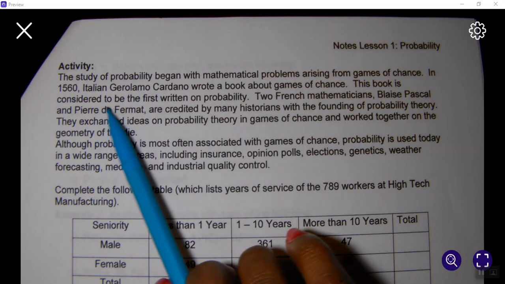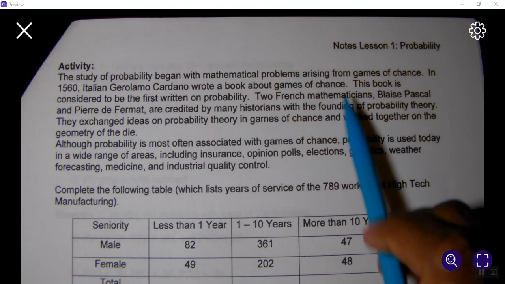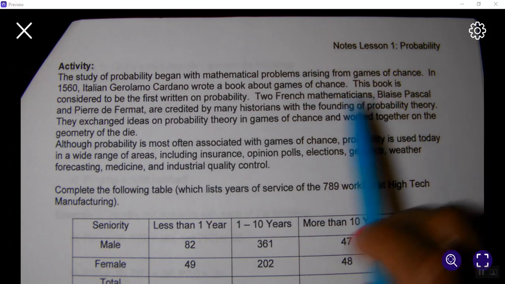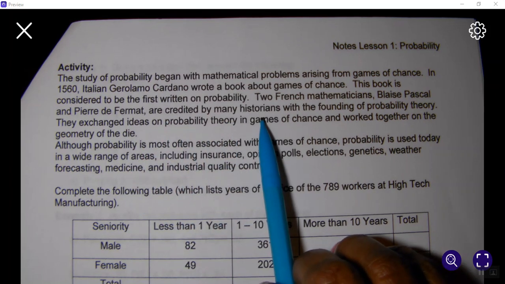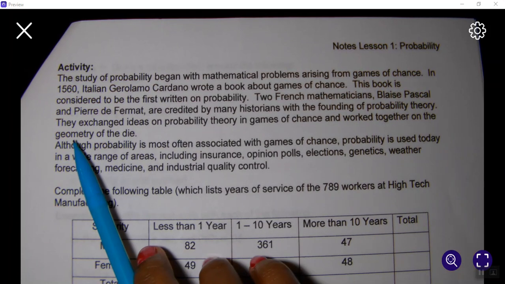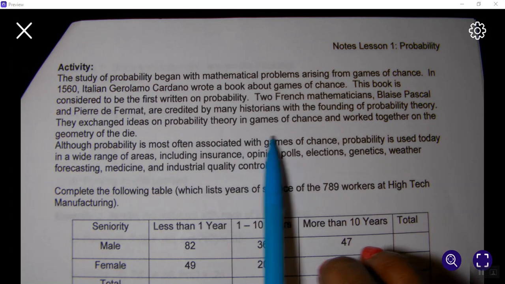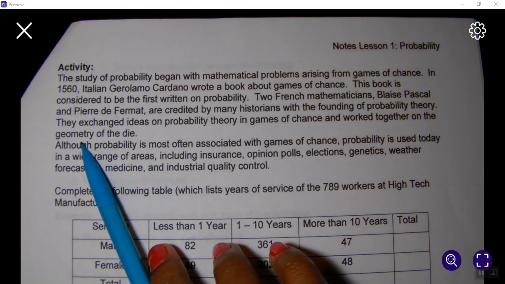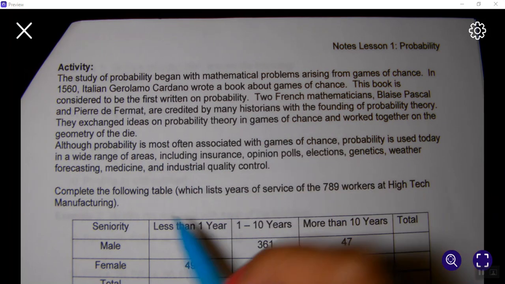This book is considered to be the first written on probability. 2 French mathematicians, Pascal and Fermat, are credited by many historians with the founding of probability theory. They exchanged ideas on probability theory in games of chance and worked together on the geometry of the die. Die meaning the dice, the 6-sided dice.